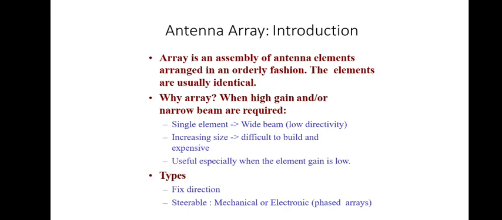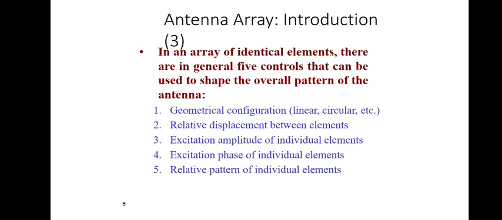Now, in an array of identical elements, there are in general 5 controls that can be used to shape the overall pattern of the antenna. First, the geometrical configuration, that is linear, circular, elliptical, and so on. Second, the relative displacement between the elements, that is the change of places.